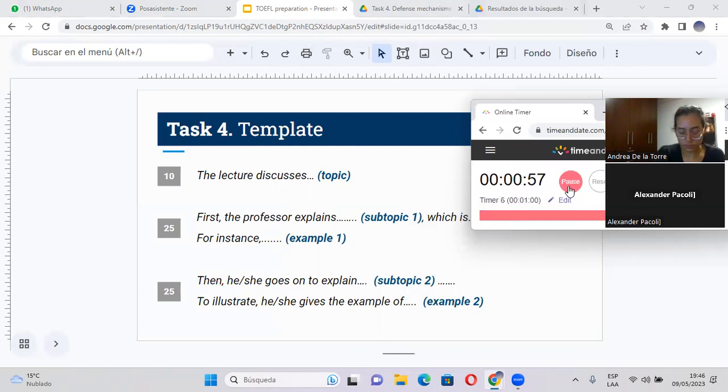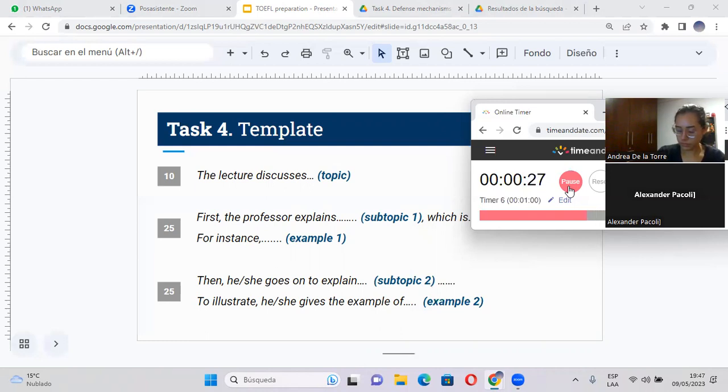The lecture discusses some defense mechanisms of humans when they have a hard situation. First, the professor explained the fantasy, which consists in imagining some not real situation to contrast the real situation.